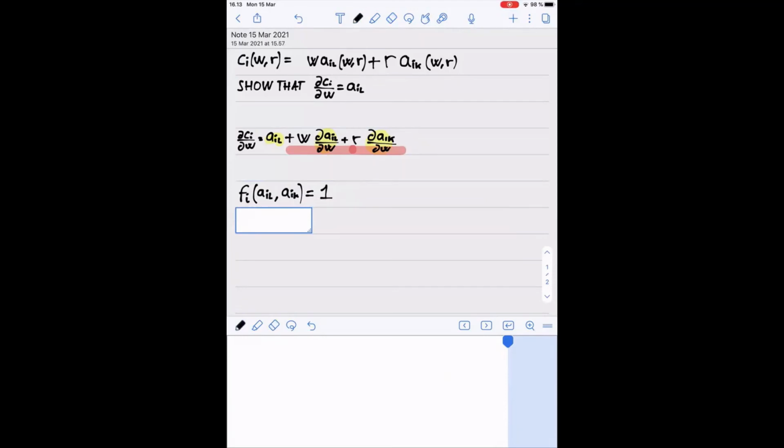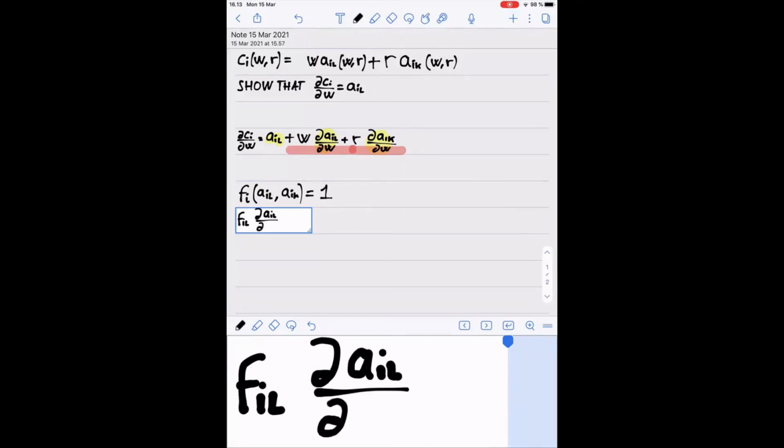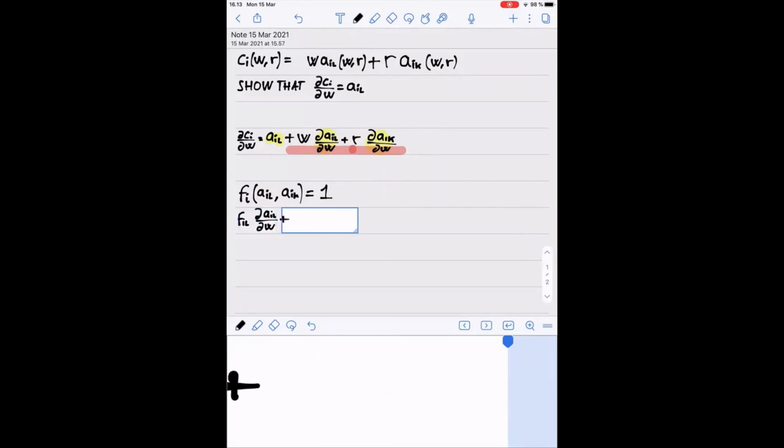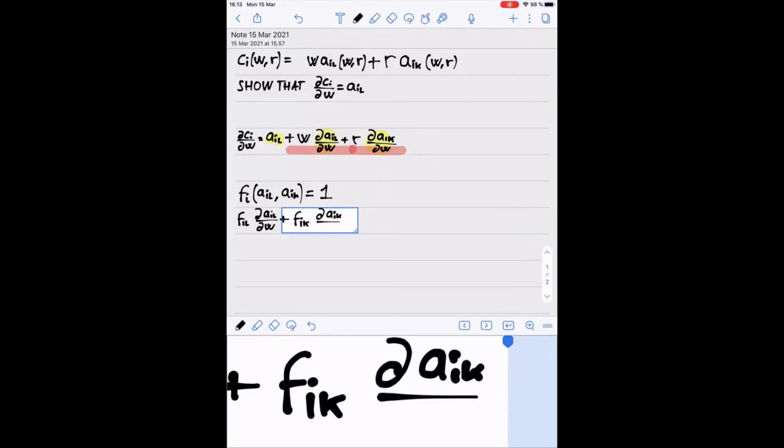Well, first we get the marginal product of labor, F_iL, the derivative of the production function with respect to labor, times the partial derivative of the unit labor requirement, a_iL, with respect to the wage, plus the marginal product of capital times the partial derivative of a_iK with respect to the wage.